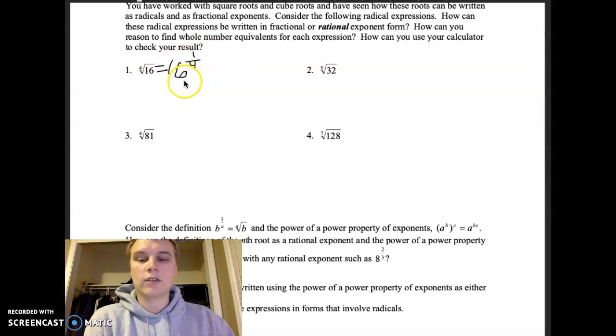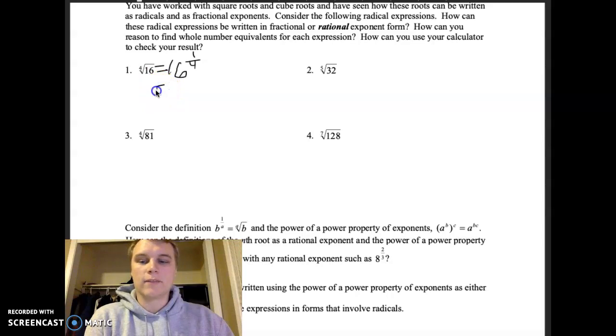Now we can actually separate this, and I'm going to do it for this one because it's easier to show. But for any of these, you can just go into your calculator and type it in. But for what we're doing next, I'm going to do it this way.